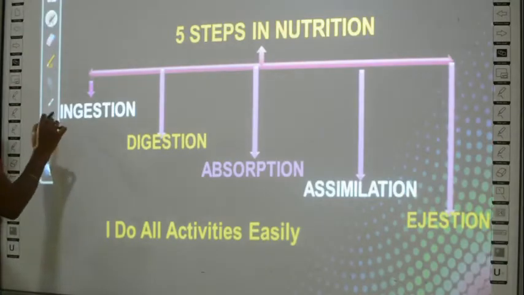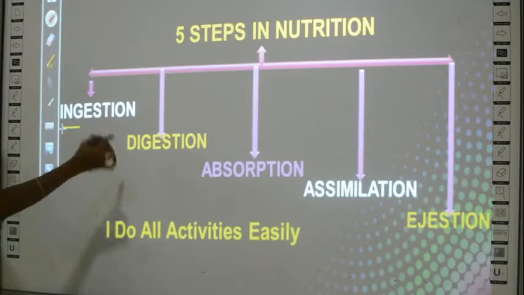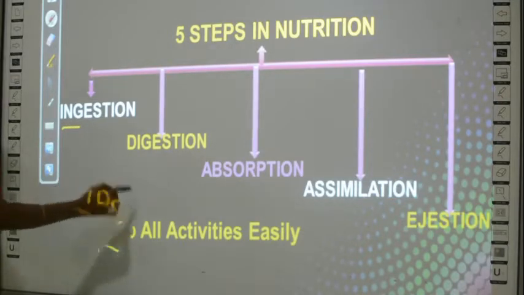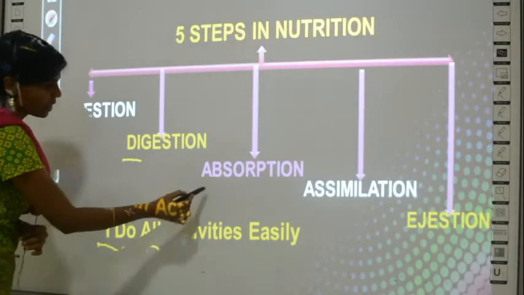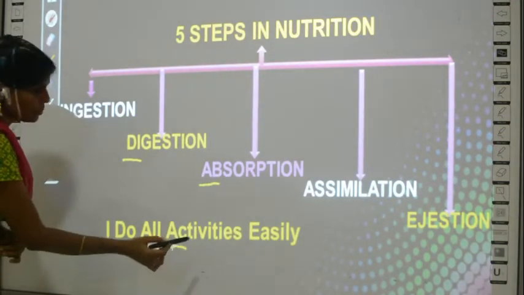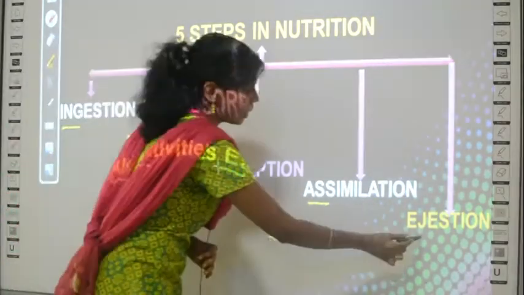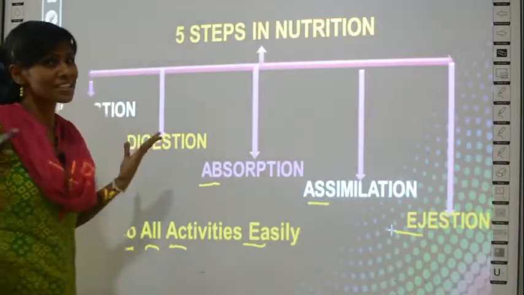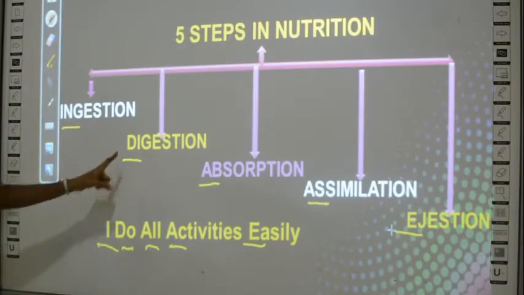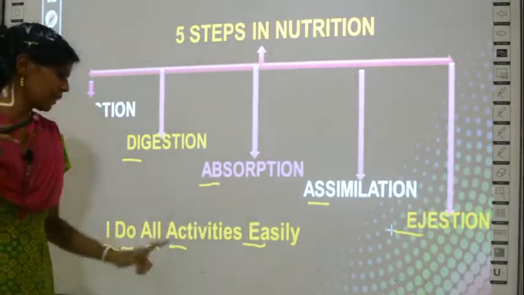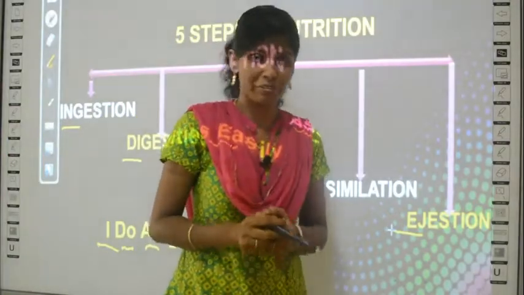I for ingestion, D for digestion, A for absorption, one more A for assimilation, and E for egestion. Easy, right? I do all activities easily: ingestion, digestion, absorption, assimilation and egestion. So these 5 terms are now familiar to you, right?